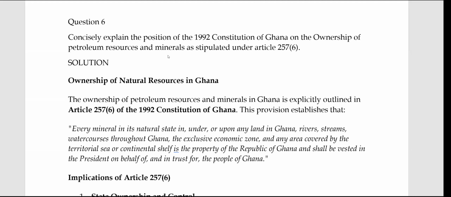You can paraphrase. You have to, otherwise you don't get the full marks. The question says concisely explain. So you state and explain. It's keywords they are looking for. So at least the key keywords. Read and let's see. What does Article 257(6) say?